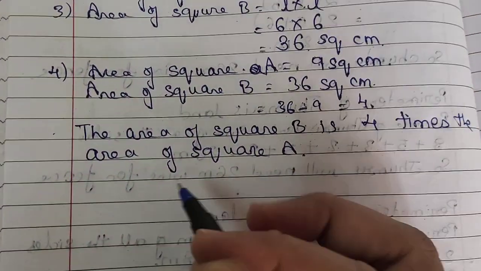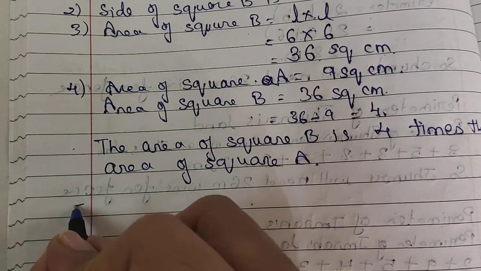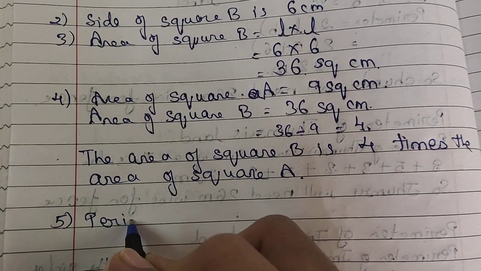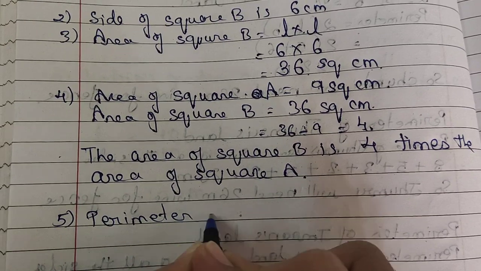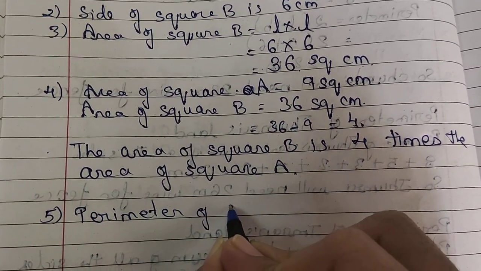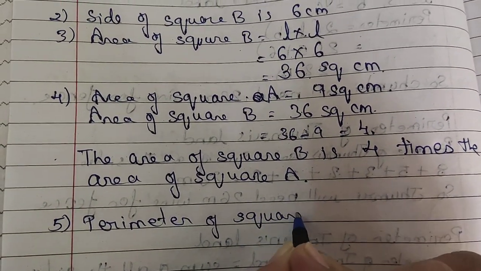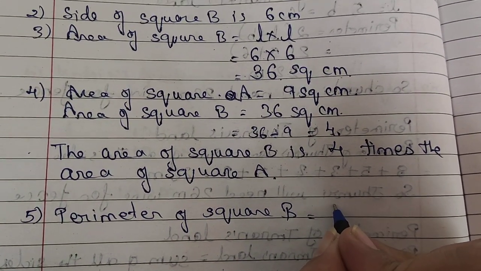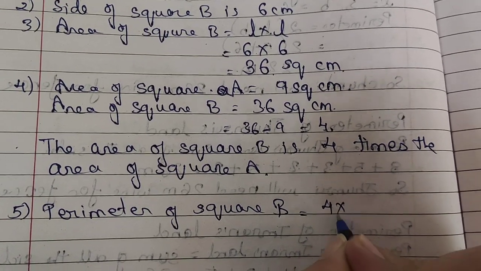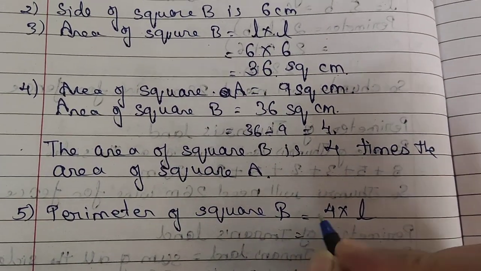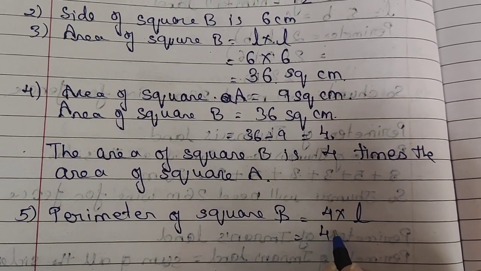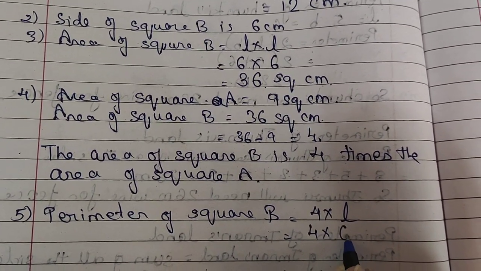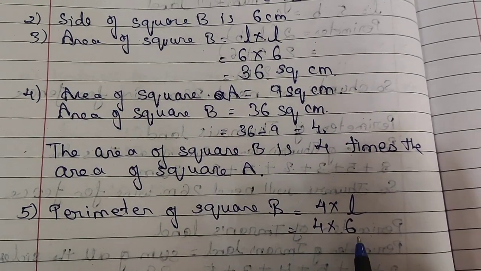Now the perimeter of square B is equal to 4 multiplied by L. 4, the L is 6, isn't it? 4 multiplied by 6.